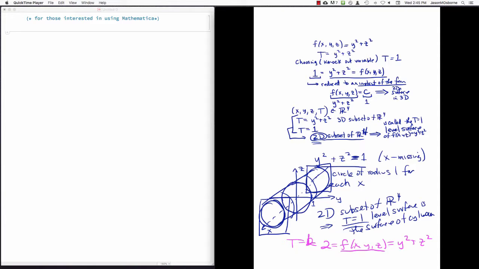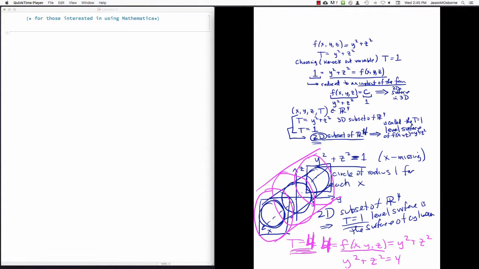Let's say 4, just for ease of computation. And then looked at y squared plus z squared equals 4, which would have been a circle of radius 2 for every value of x. Right? And so the t equals 4 level surface would have been a larger cylinder. Okay?